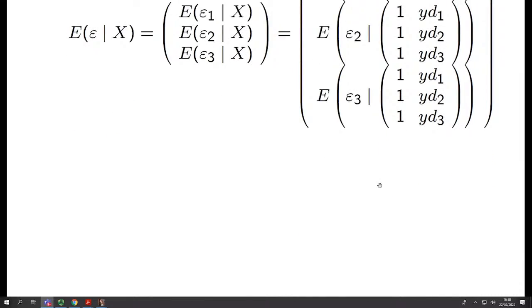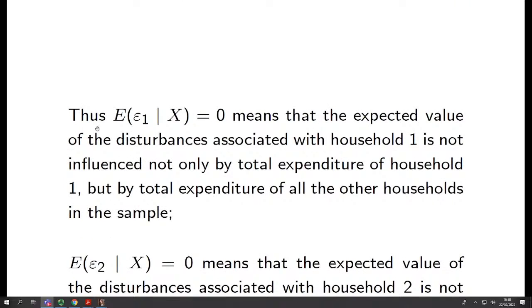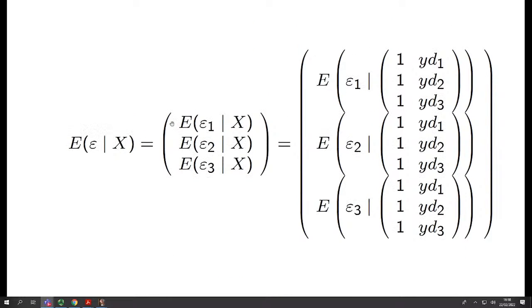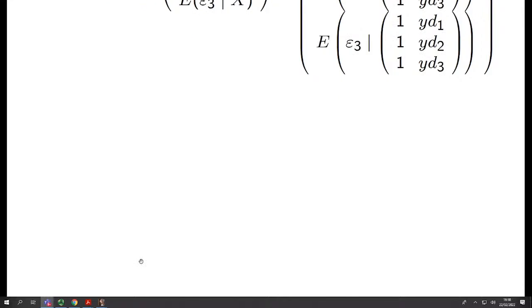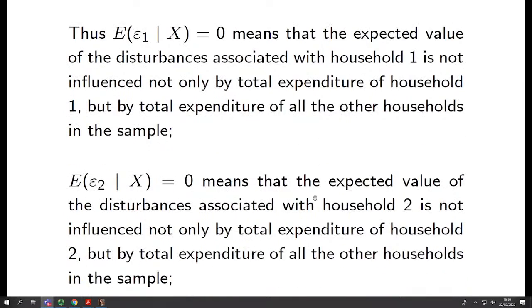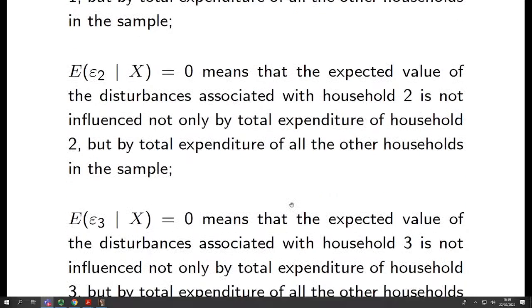So if this is equal to 0, the expected value of the disturbance associated with household 1 is not influenced by total expenditure of household 1, but also not by total expenditure of all the other households in the sample. By construction, by definition. And the same for epsilon 2, and the same for epsilon 3.